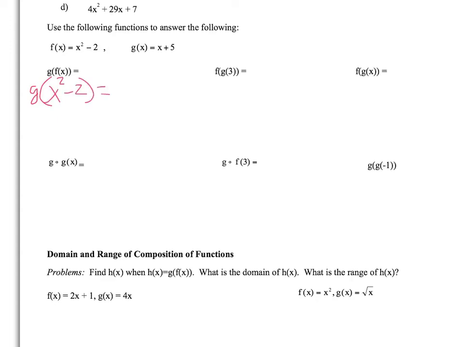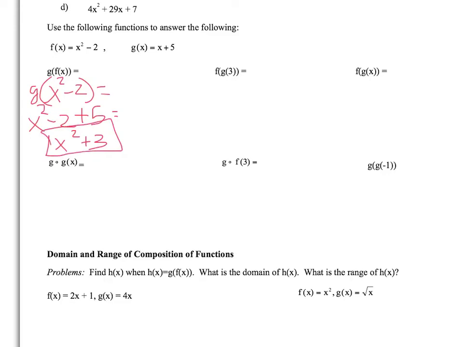Now what this problem says to do is plug in x squared minus 2 into the g function. So my g function is x plus 5. I'm going to replace the x with an x squared minus 2. And I'll rewrite the plus 5. Combine like terms and you get x squared plus 3 as your final answer there.